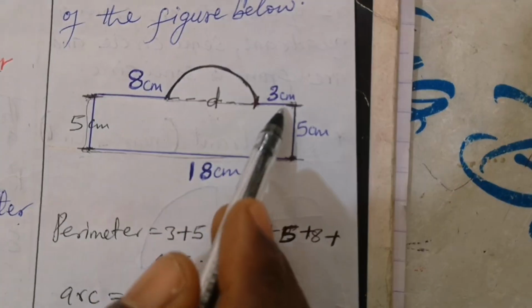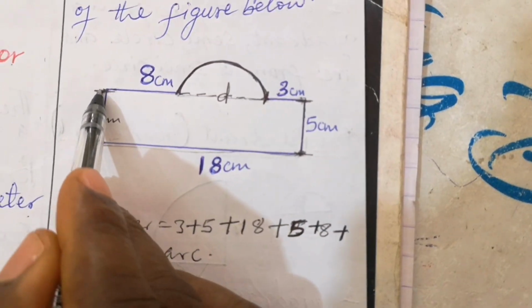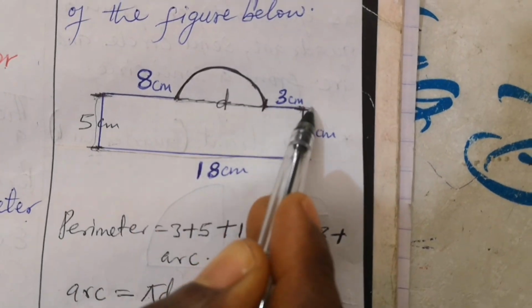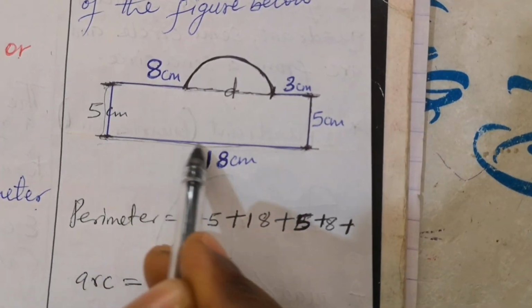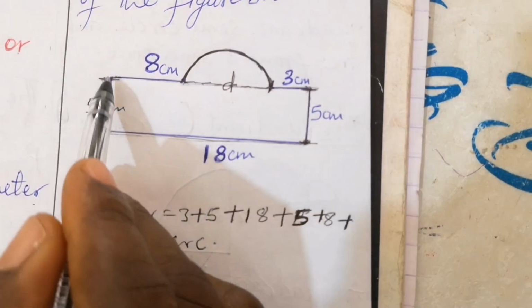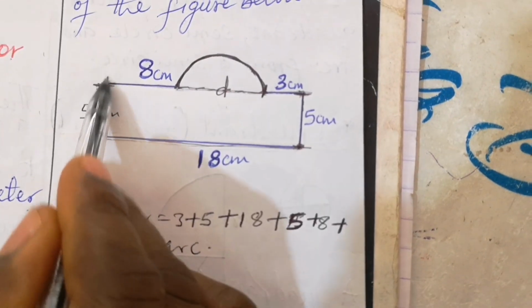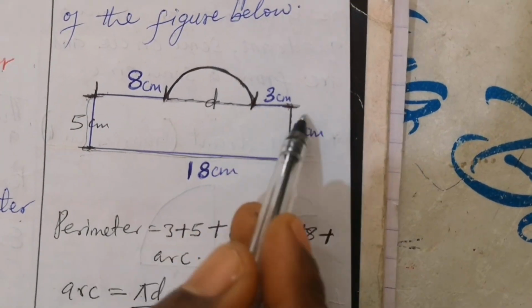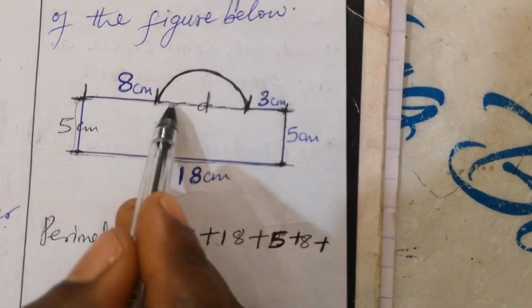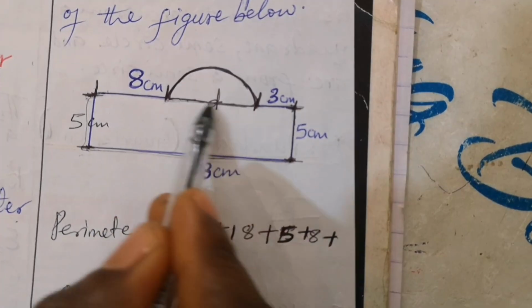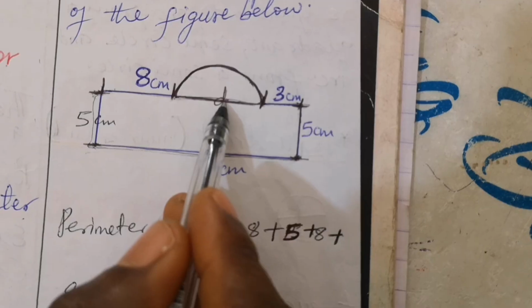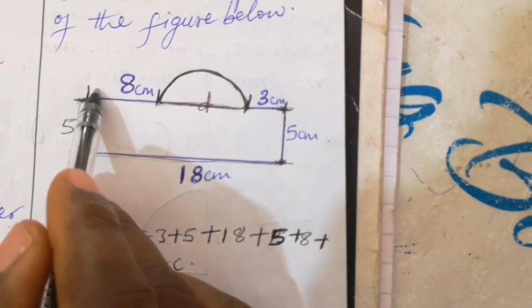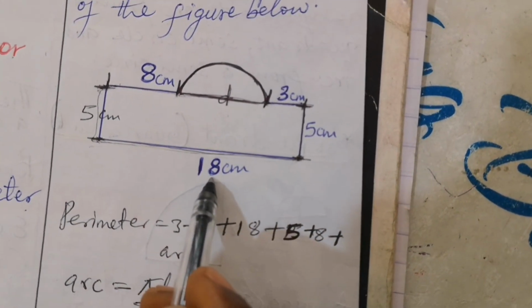From here to here alone is 8, then from here to here is 3, but we don't know what is in this space, so we call it d. If you add all of them, it should give you 18.